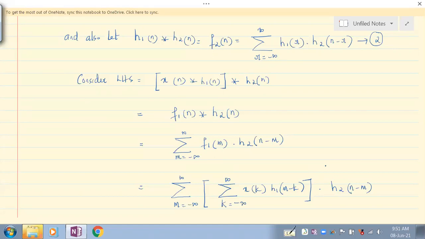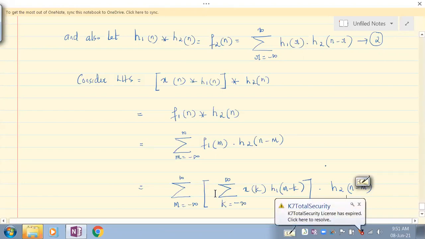Now here let's rearrange this particular summation before that, because we have summation after summation. We shall rearrange that properly in the required way. So where is there an r?